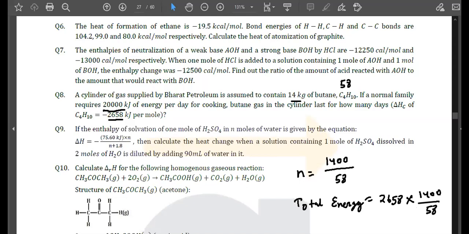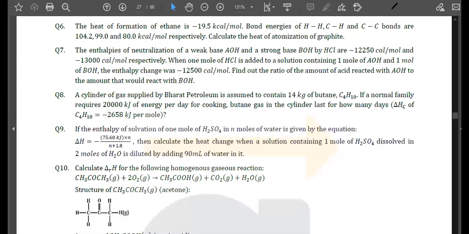So number of days is equal to total energy by energy consumed per day, which is 20000. As simple as that. Got it? Tell me, was it easy or difficult? Okay, everyone. It was easy.